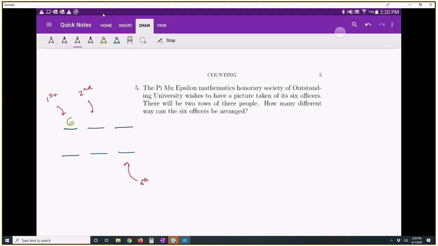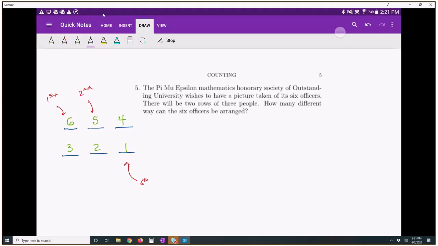But once we've assigned someone to stand there, then for the second spot, we only have 5 choices of people. Then in the third spot, 4 choices of people, 3, 2, and 1. And it really didn't matter which order we assigned them in. I could have first said, this is the one I'm going to do. I would still have 6 choices for the first process, and then whatever I decided was the next spot, only 5 choices because I've already assigned someone.